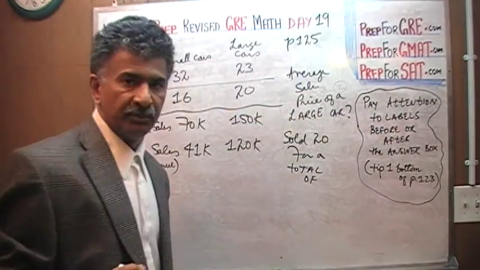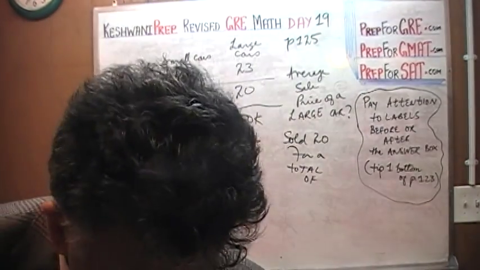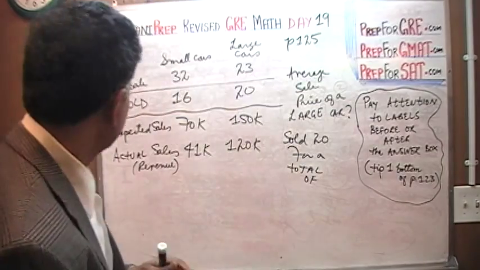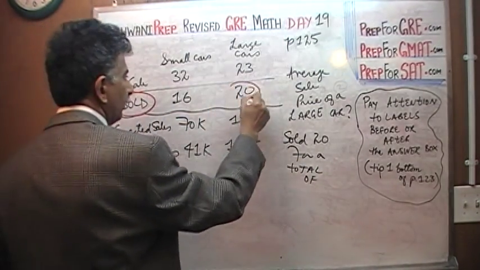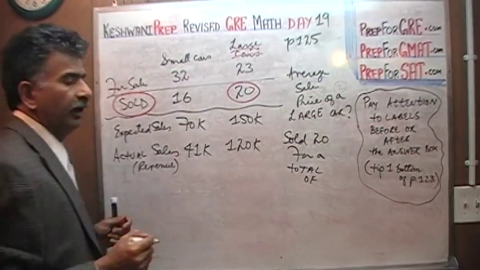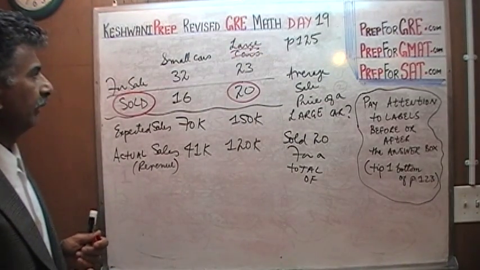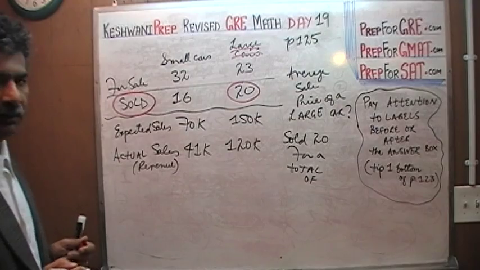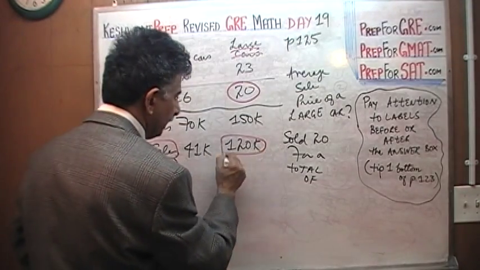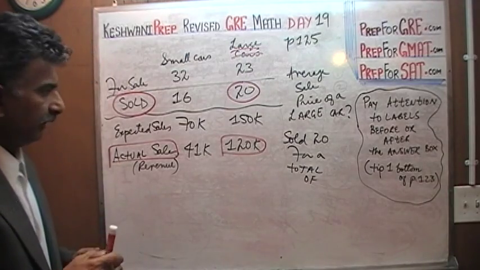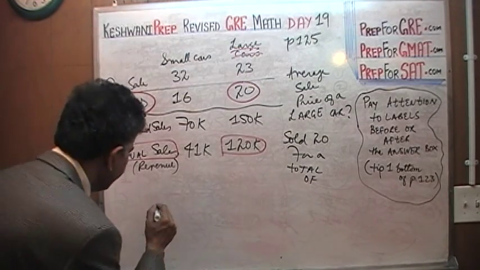This is how many we sold, large car, 20 of them. And how much money did we get? I didn't mean to cross out, I meant to underline it. What was our actual revenue? This is the actual revenue, sales. We got $120,000.